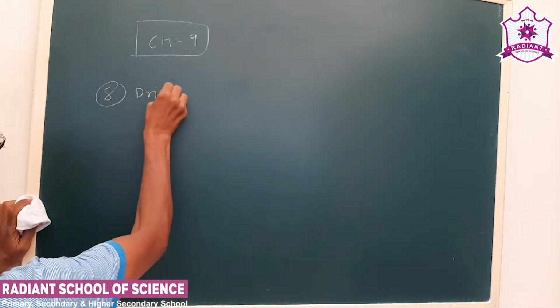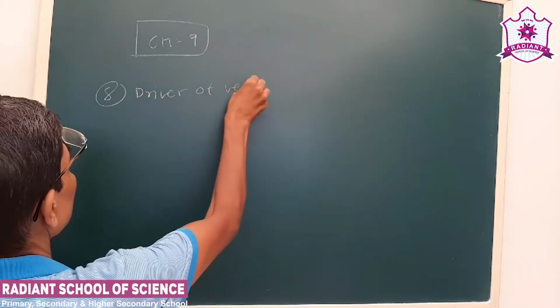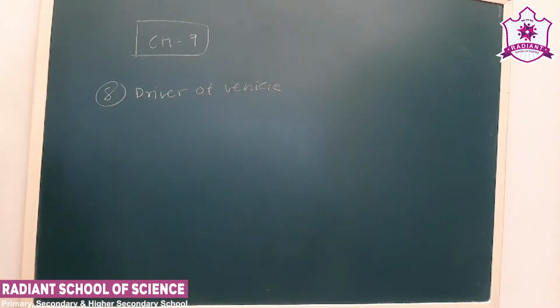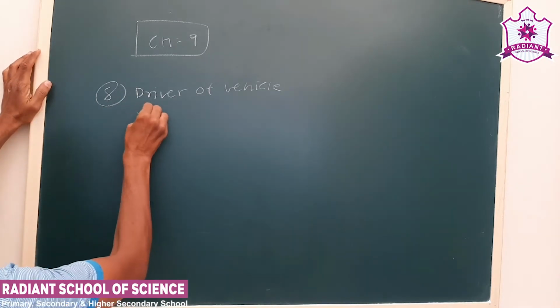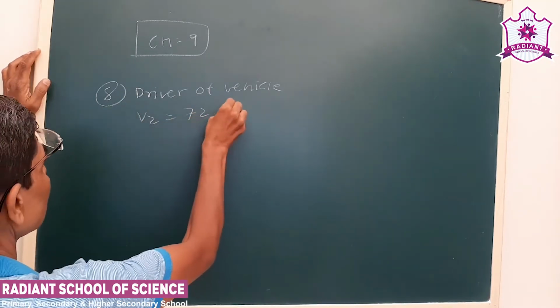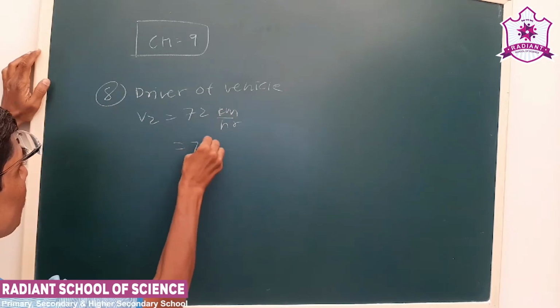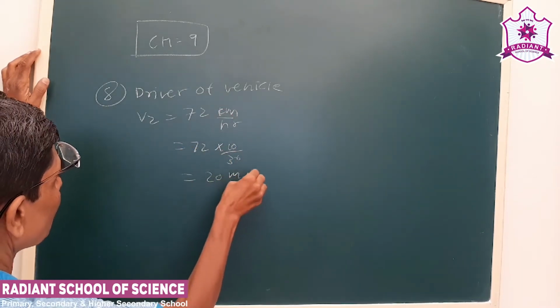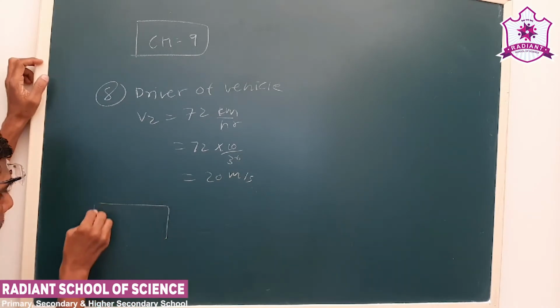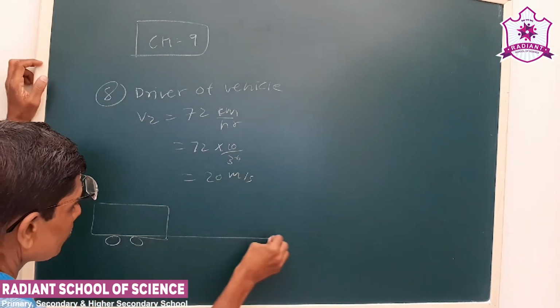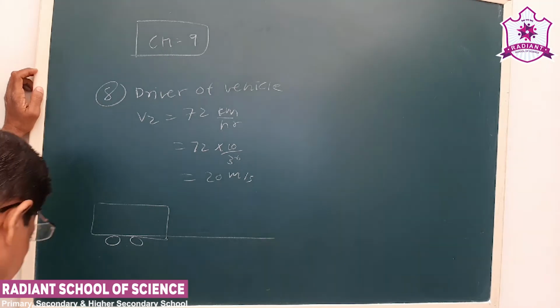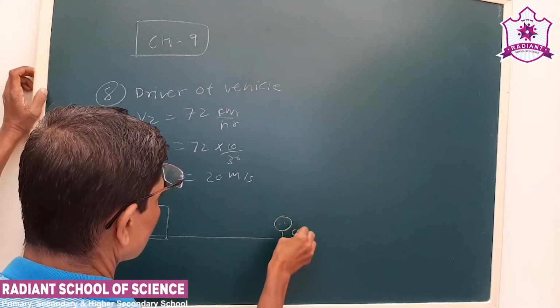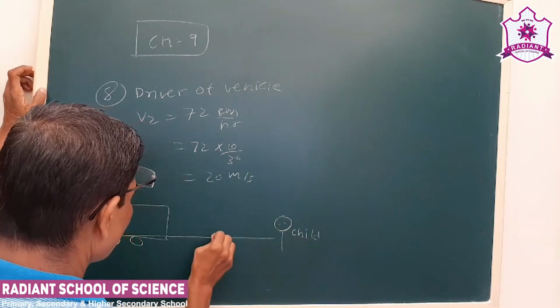See, a driver of the vehicle is moving with the velocity, sees a child, so he applies brake.